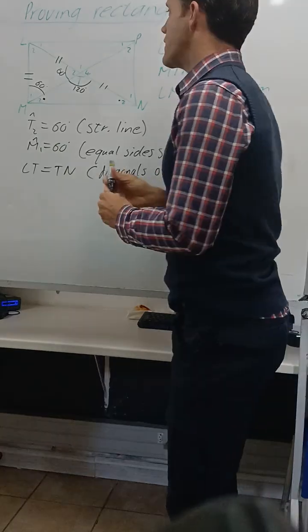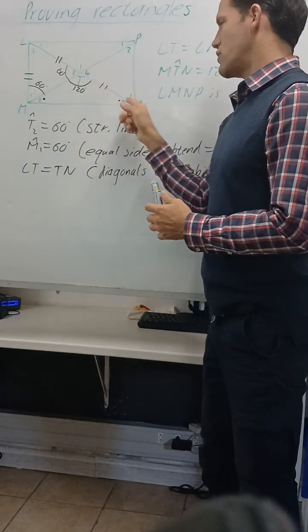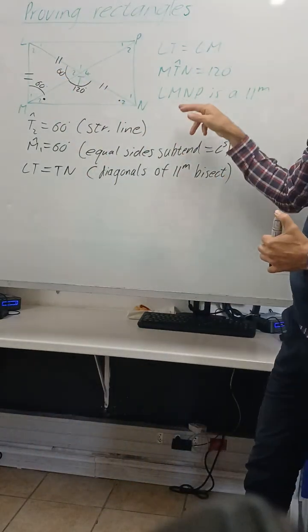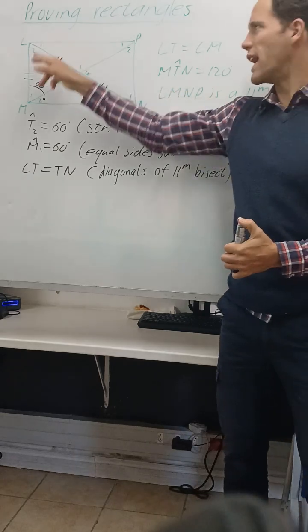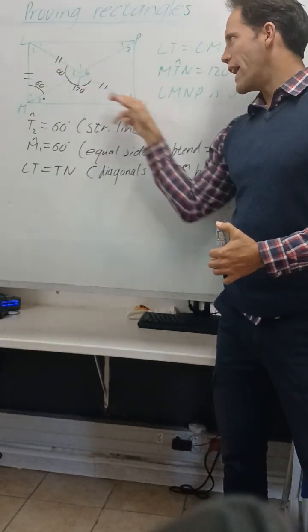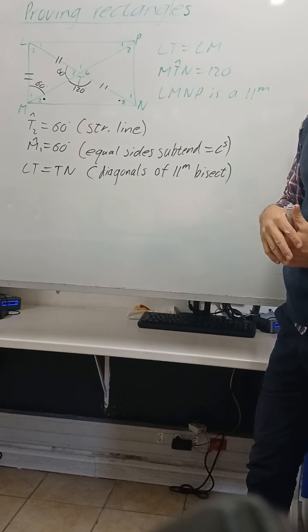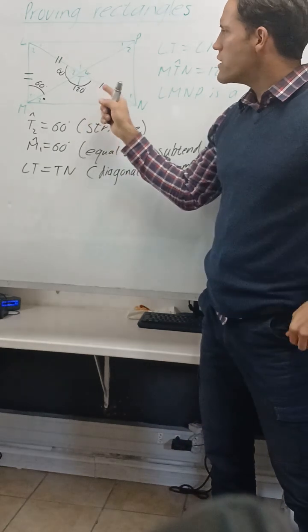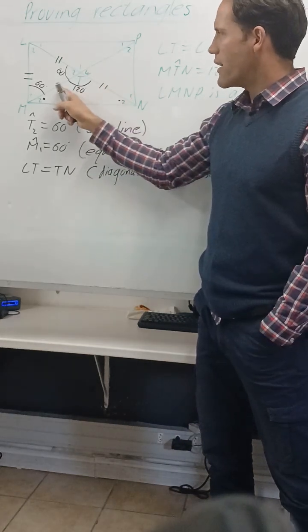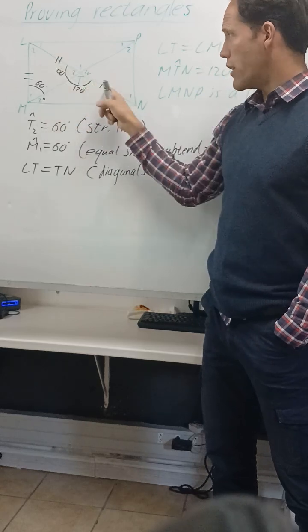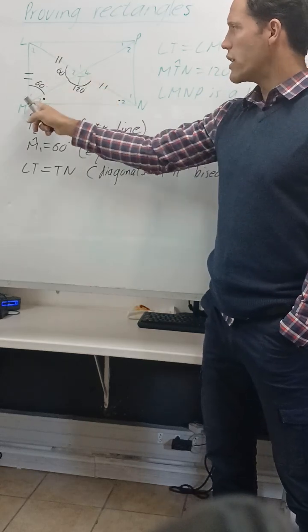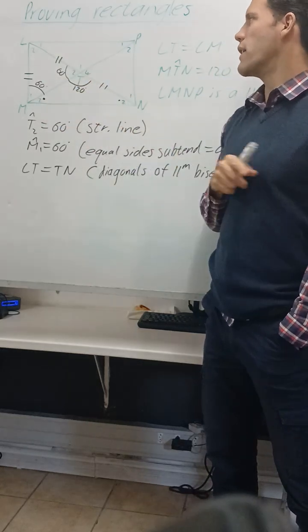So we can definitely say that LT is equal to TN. That's a fact, because they told you LMNP is a parallelogram. So the diagonals bisect. But then, the other important thing is, how can I show that this line is equal to that line? We know those two are equal. But how can I show that this one is also equal to that one?